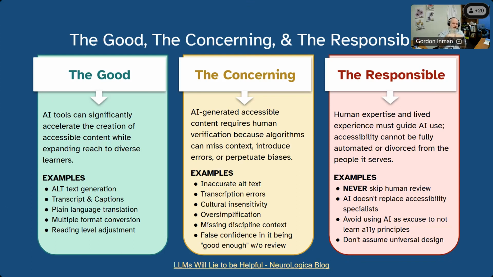And so it could be introducing errors and perpetuating biases. And one thing I'll just point out is about oversimplification. If you're trying to change something into plain language or trying to simplify a complex thing, it could remove some of the important context that's around it. So that could be one of the issues that you have to be mindful of and look out for.